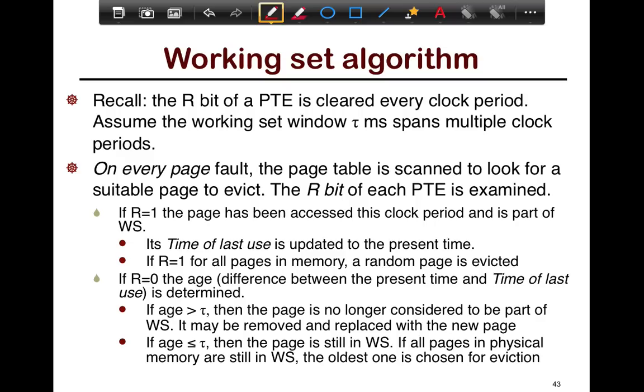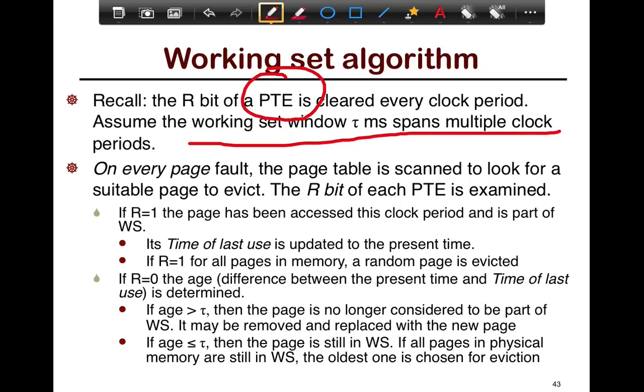I'm going to tell you how to use the reference and modified bits in order to estimate the working set. Remember, the reference bit of the page table entry is cleared on every clock period, assuming that the working set spans tau milliseconds over this clock period.